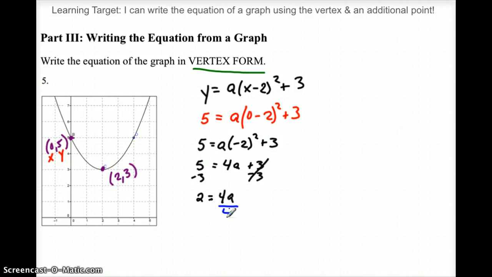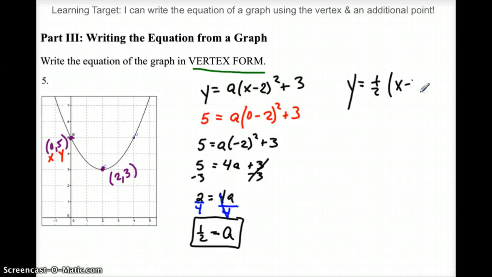And then if I divide by 4, 2/4 reduces to a half. So take this and put it back into the beginning up here. 1/2 times x minus 2 squared plus 3.